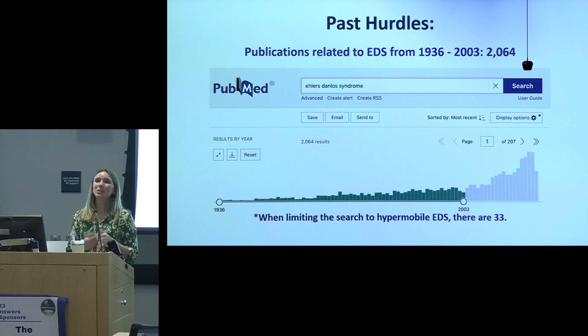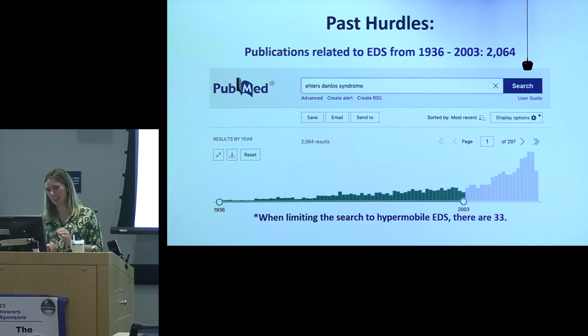But I did want to talk a little bit about some of the past hurdles. So if you go into PubMed and you do a search for just Ehlers-Danlos syndrome, and you look at the years that papers have been published, when you look prior to 2003, there were 2,000 papers ever published, or at least on the internet. I don't know if people were publishing it before then.